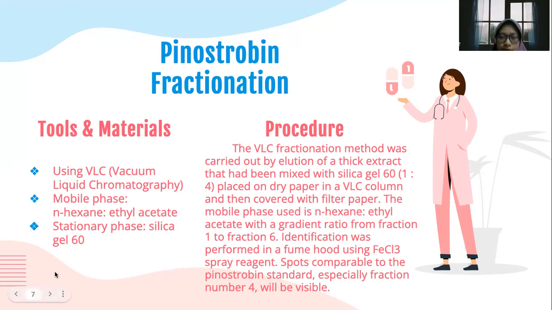The mobile phase used is N-hexane with ethyl acetate with a gradient ratio from fraction 1 to fraction 6. The identification was performed in a fume hood using FeCl3 spray reagent, and then the spot comparable to the pinostrobin standard, especially fraction number 4, will be visible.